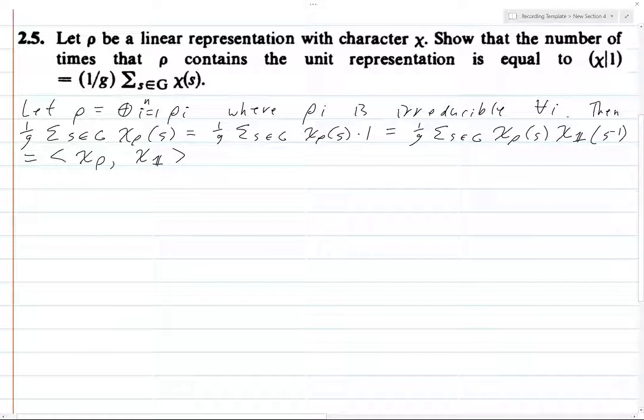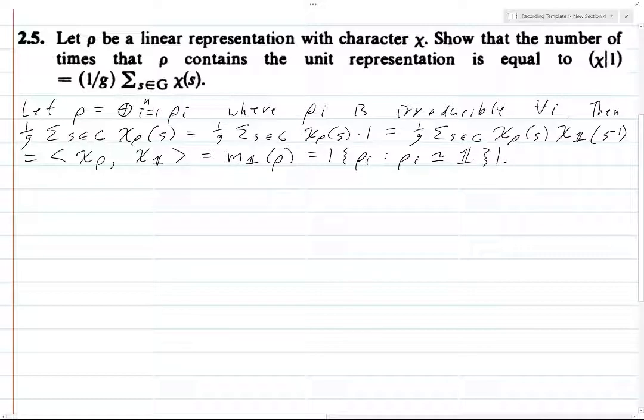But okay, so now what is this? What do we know about this? We know that this is the multiplicity of the unit representation in rho. That was one of the theorems from this section. And so that's precisely the number of rho i's which are isomorphic to the unit representation, isomorphic as representations.